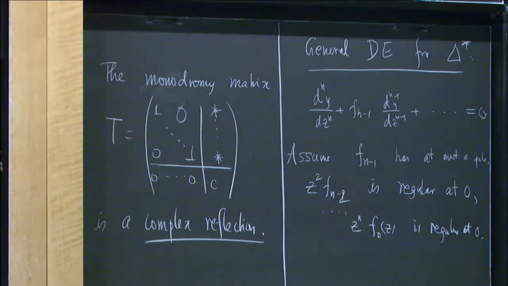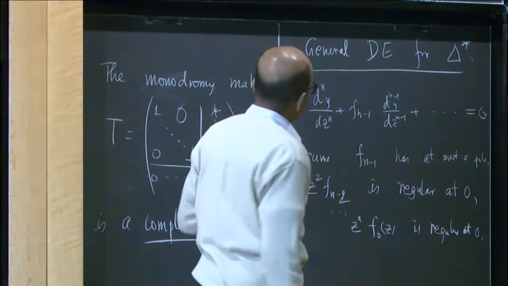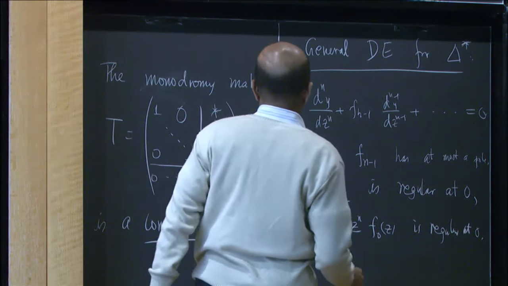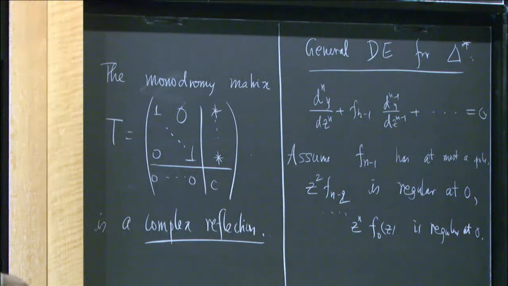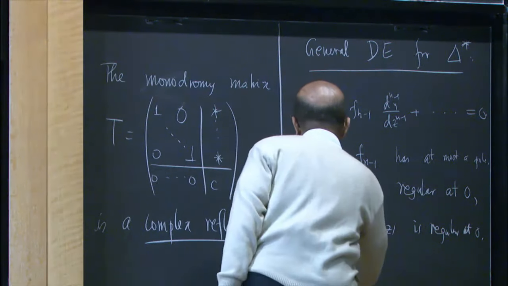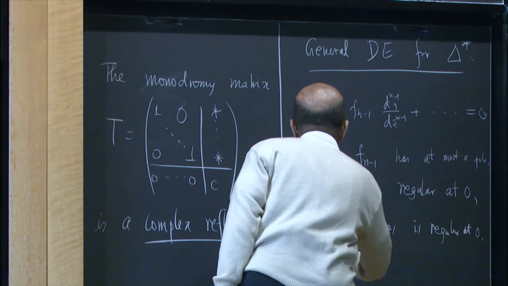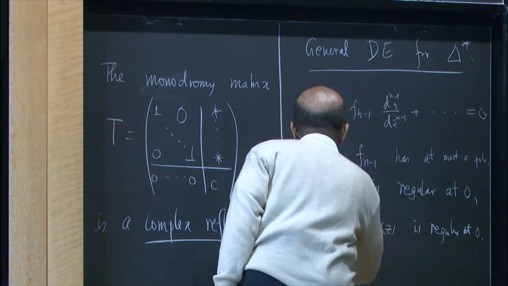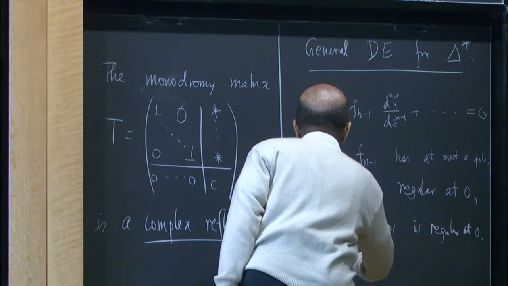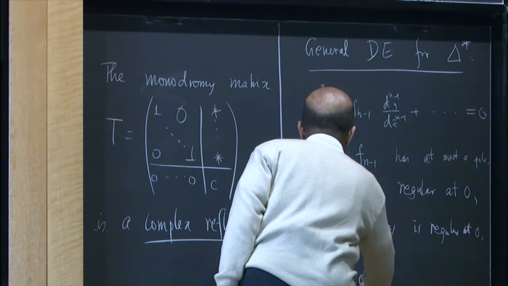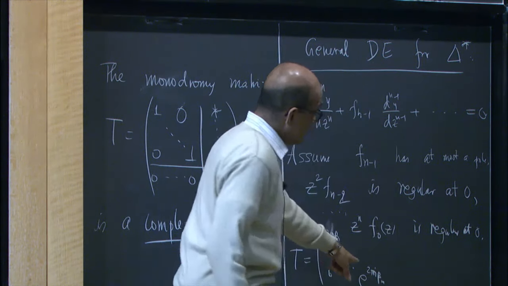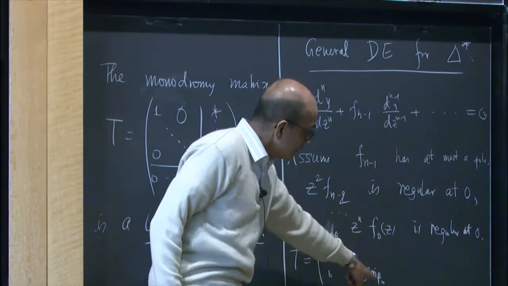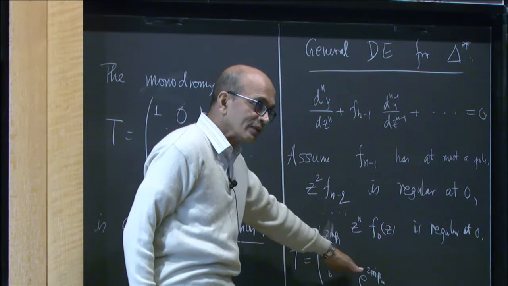So in such a case you can say what the monodromy matrix should look like. In general this monodromy matrix will look like this, z to the beta_1, and so on. If all the beta_i's are such that their differences are not integers, then it's actually diagonal.